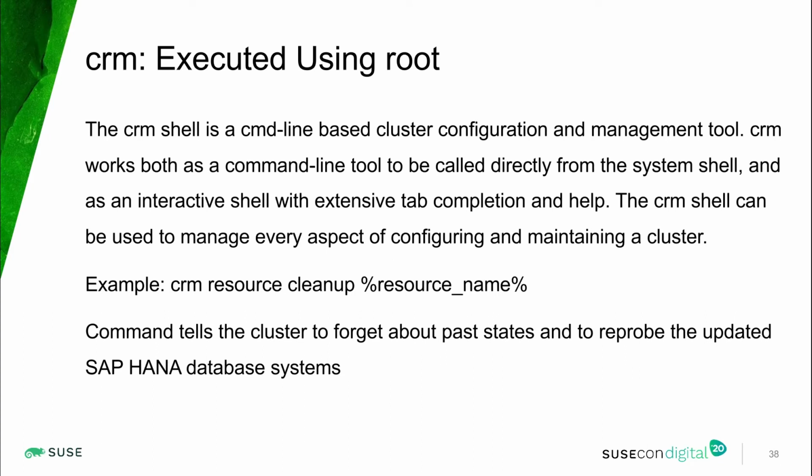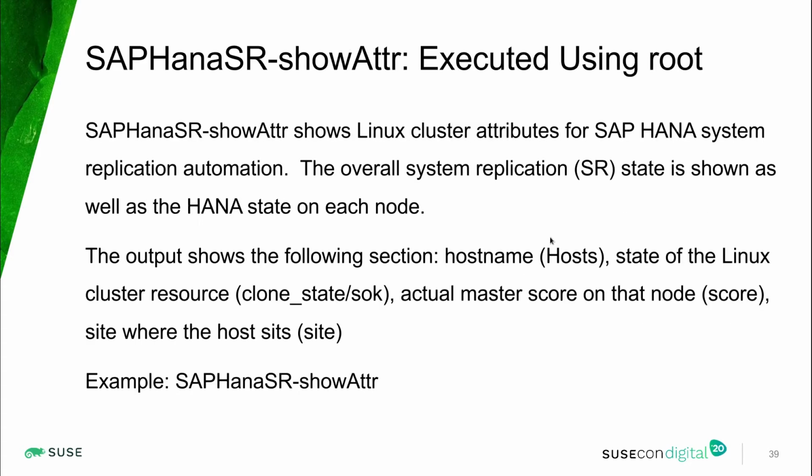The CRM shell is a command line based cluster configuration and management tool. The crm command works both as a command line tool to be called directly from the system shell and as an interactive shell with extensive tab completion and help.